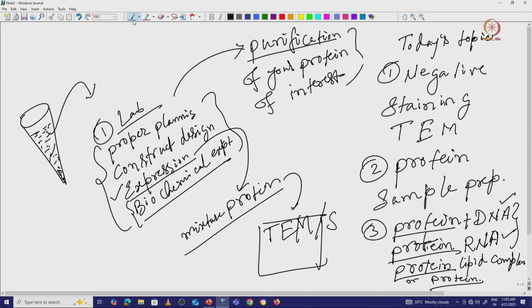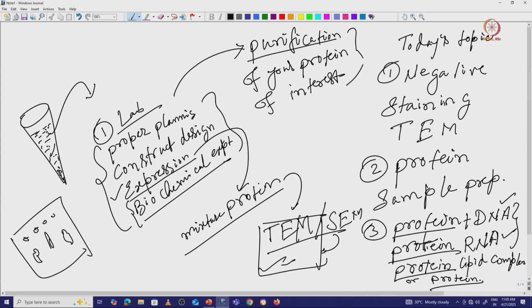You will get a very heterogeneous population, which is not very good for TEM imaging or cryo imaging, because those are high resolution tools and you can see all the proteins in your micrograph. You can see different shapes of those proteins, some circular, some elongated.